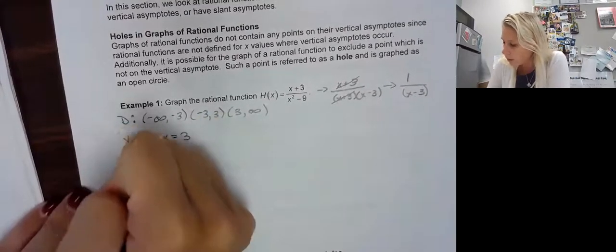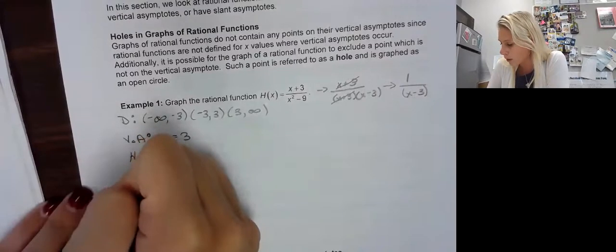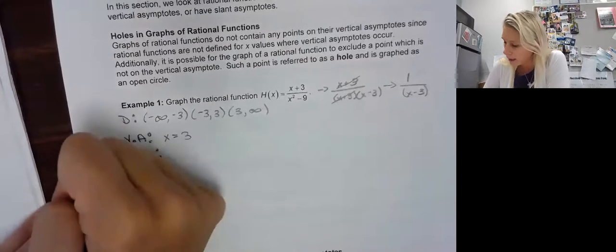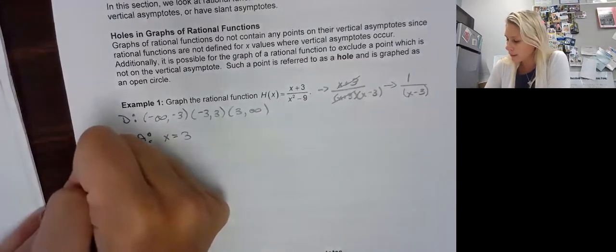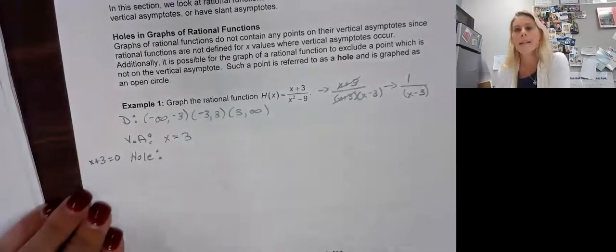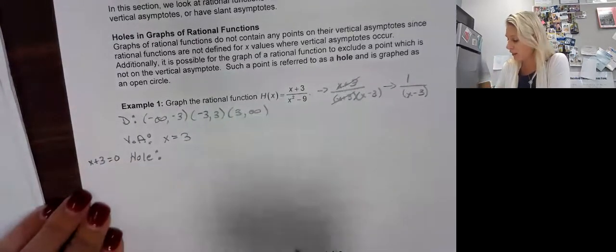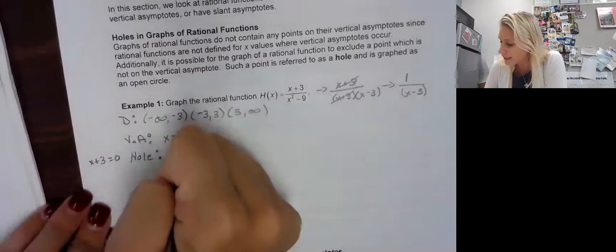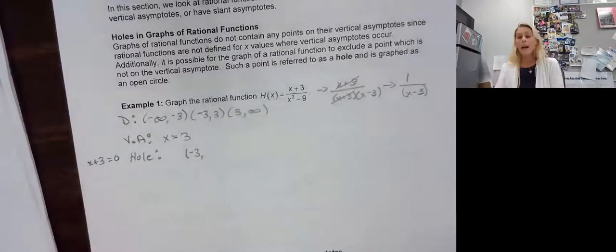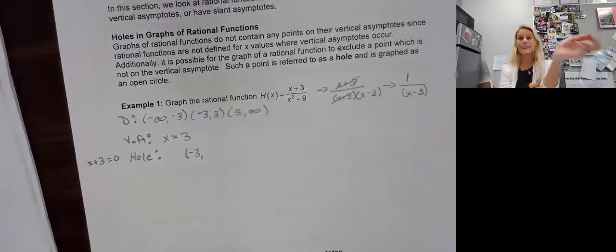So our hole actually comes from what is crossed off. And what we crossed off was an x plus 3. So we're going to say x plus 3, set that equal to 0, and solve. Now, a hole is a coordinate point, so be very careful on that. So that means the x value is -3. We have to find the y value because this is a coordinate pair.